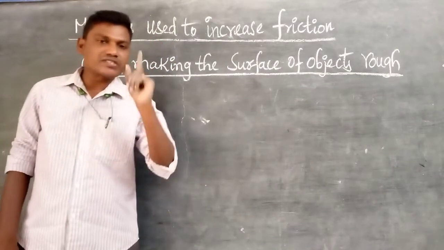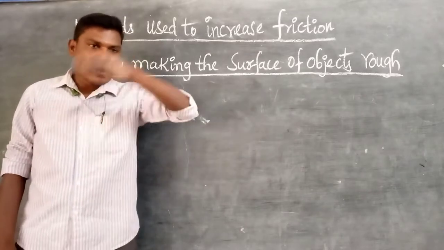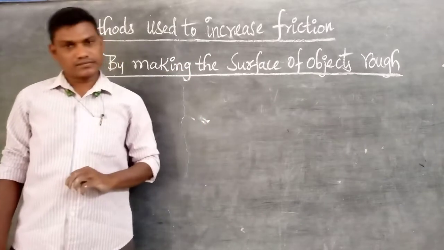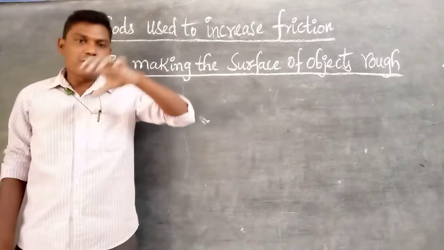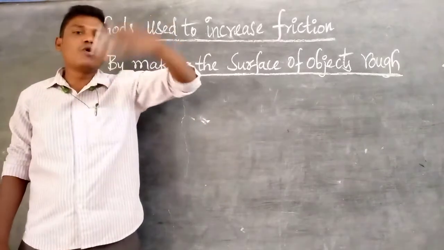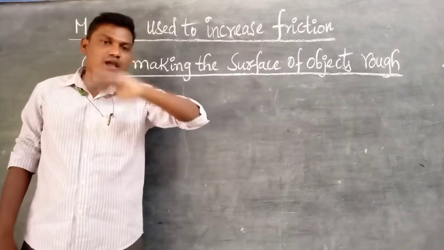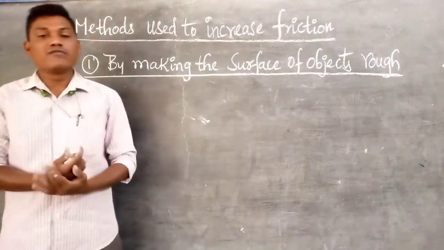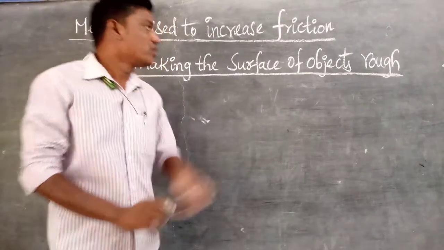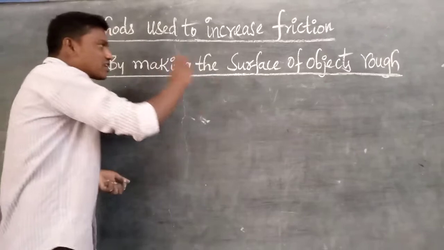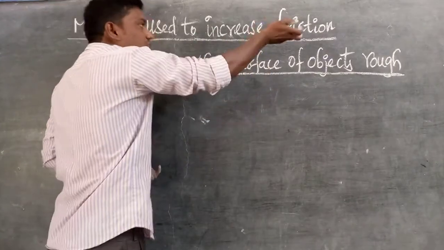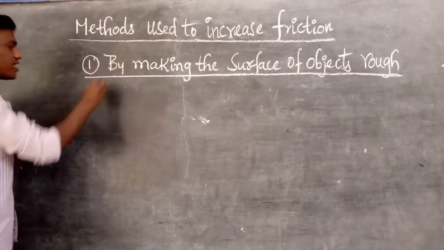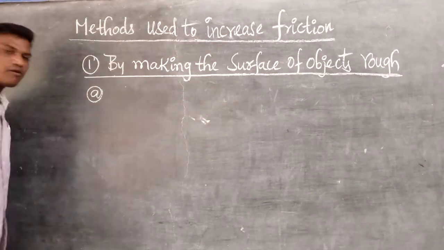Every surface of a body has elevations and depressions. This is called an irregular pattern. So if a body is rougher, it has a more irregular pattern, that is, more elevations and depressions. That's why a rough body has more frictional force. Like that, if the surface of the objects is made rough, it will automatically increase the frictional force. Under this we discuss 4 examples.